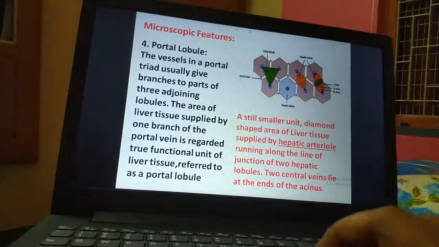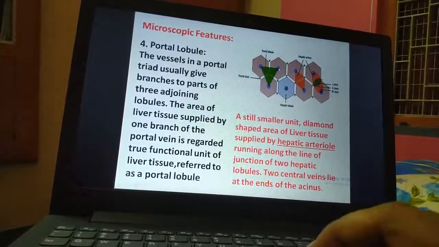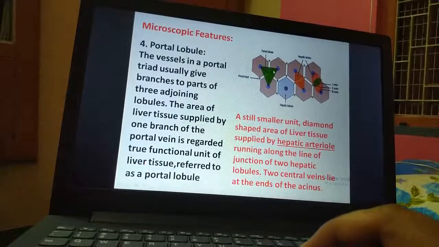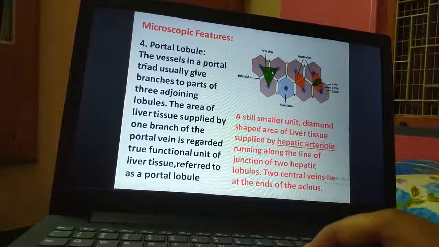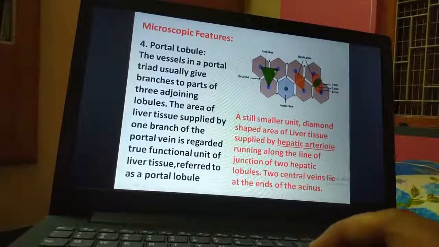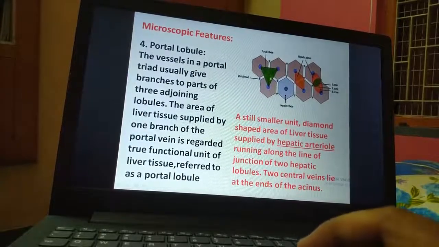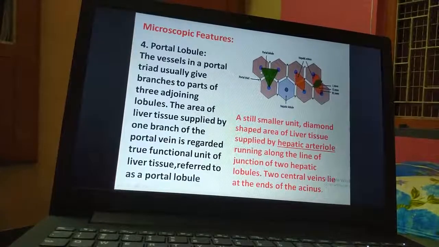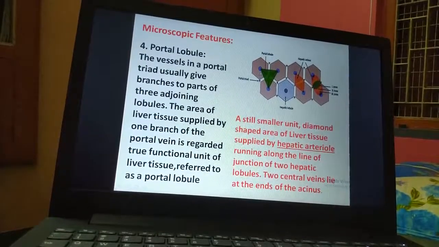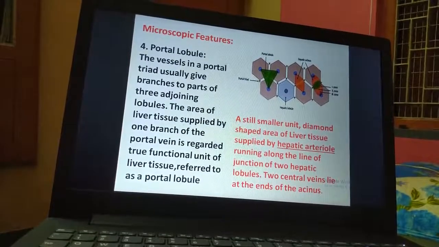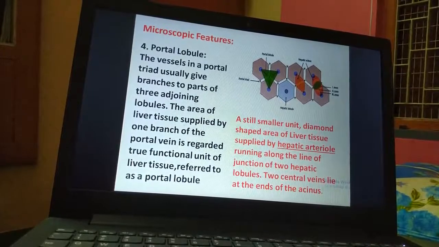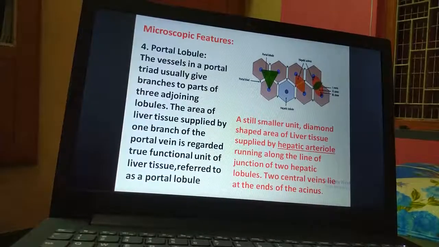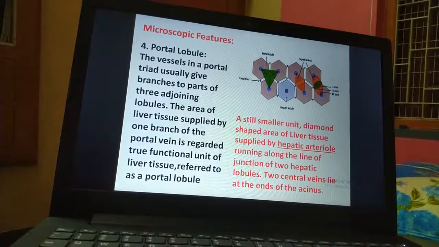Suppose from here one branch is supplying this particular area; that is called the portal lobule. One portal vein supplies a particular part of the liver tissue, and this is called the portal lobule.